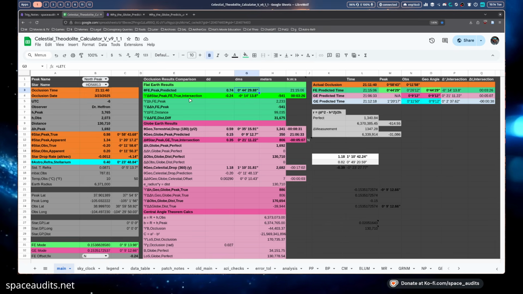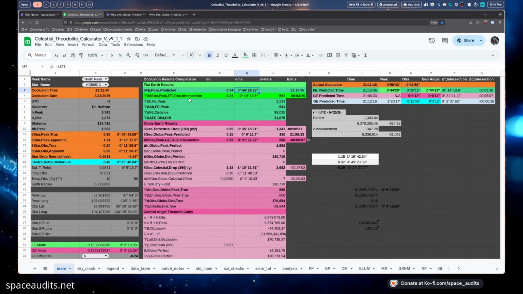Okay, so real quick, what you're showing in FE predicted 44. That's just the difference between what was the actual occlusion time. What was the actual occlusion time? 21/11/40. And that was at 58 arc minutes.